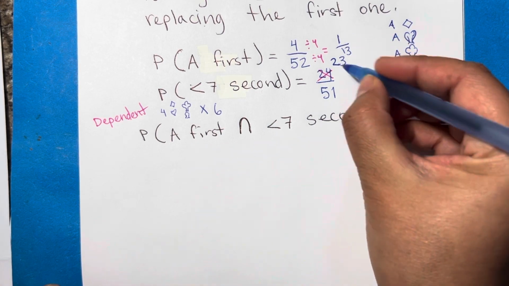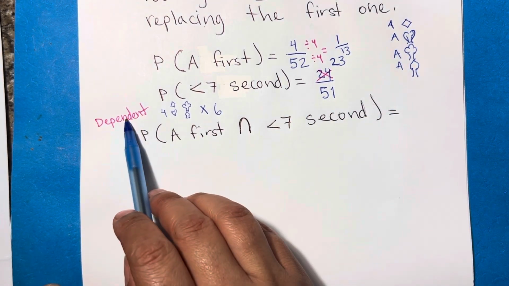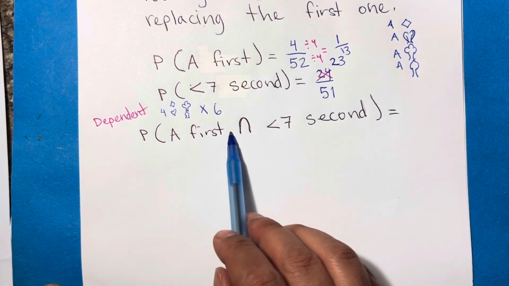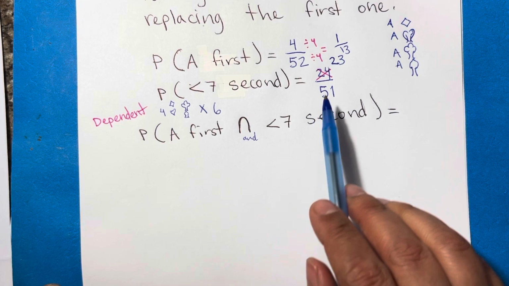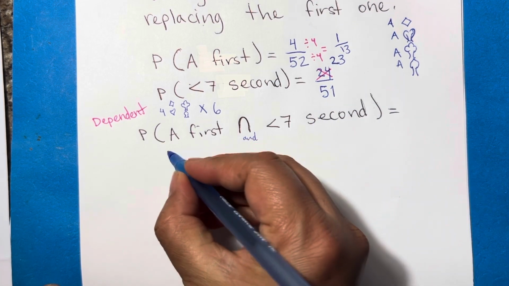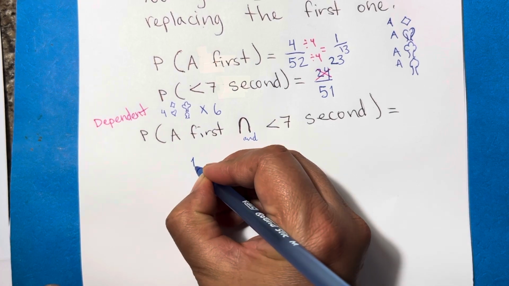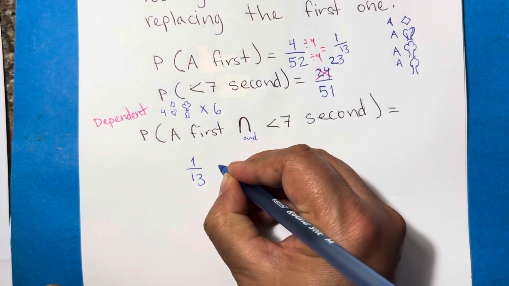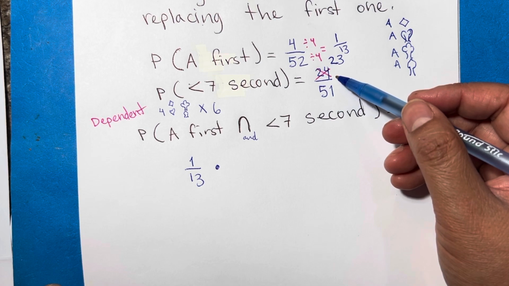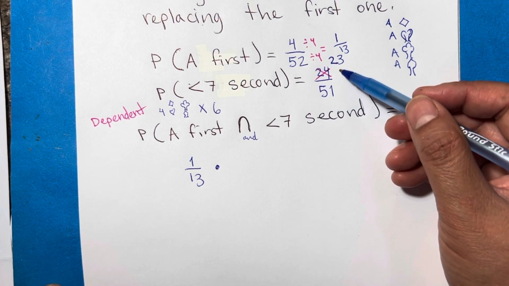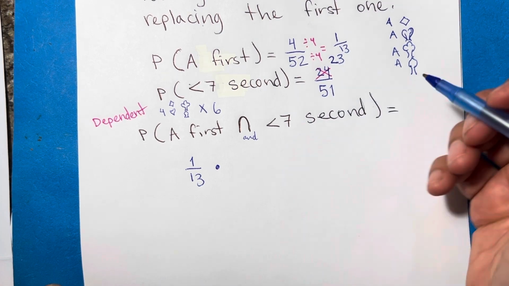Okay, having that in mind, it doesn't matter if it's dependent or independent. For joint probability, meaning and, the word and, you always multiply, okay? So the probability of choosing an ace first is 1 over 13 times the probability of getting a number less than 7 for the second card is 23 over 51, not 24, 23 over 51.